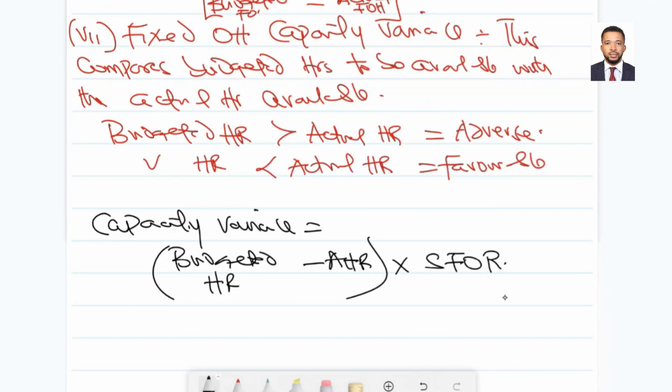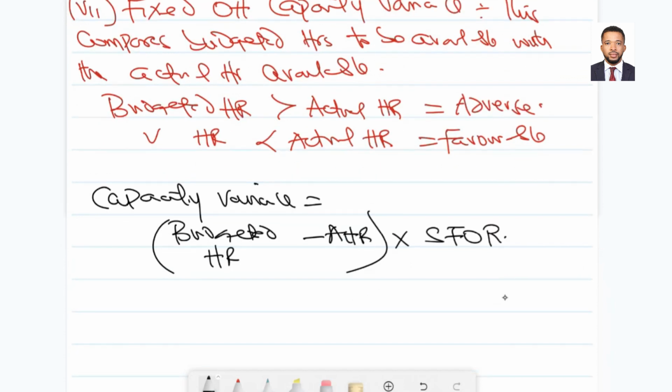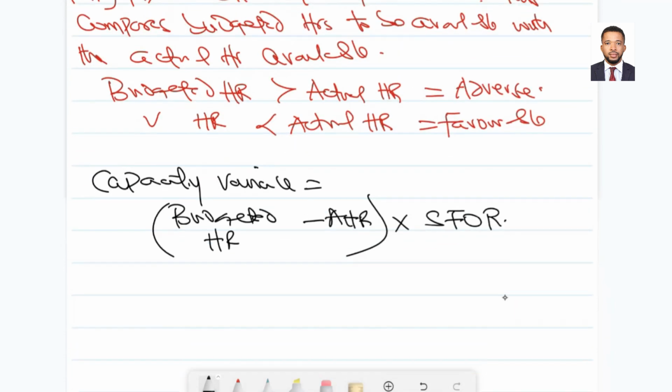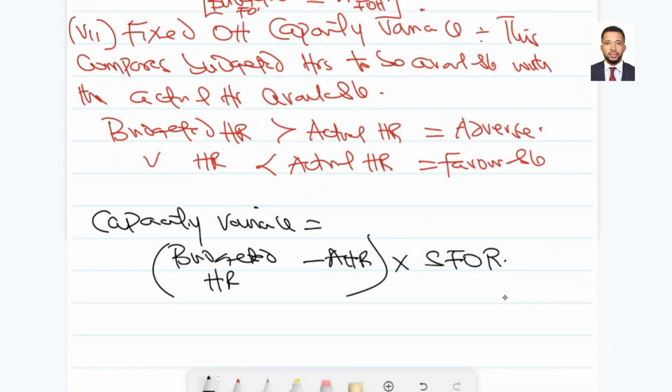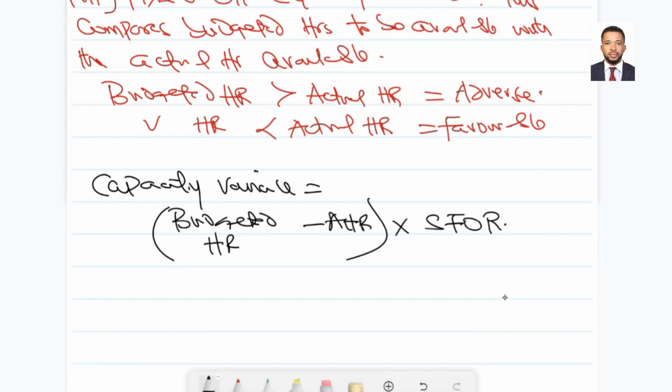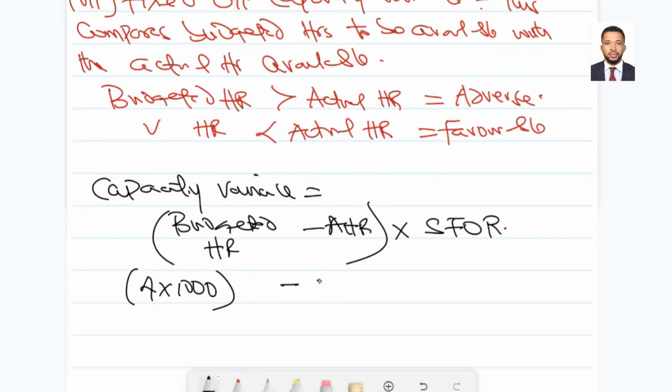We budgeted to have 4 hours at 1,000 units, so 4,000. Actual, how much? 5,000.